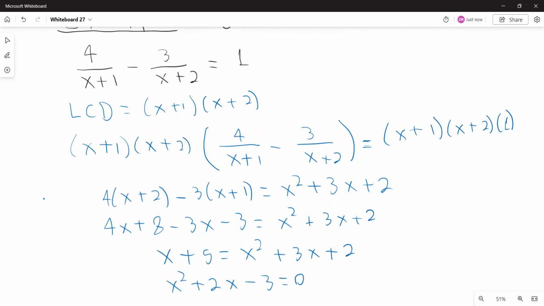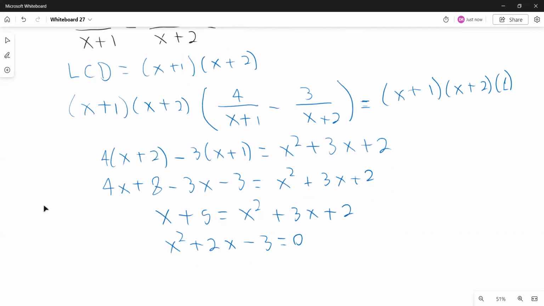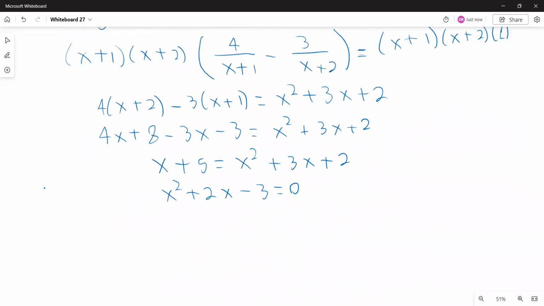So that's the equation in standard form. We're going to solve this by factoring. That will factor as x plus 3, x minus 1. So the possible solutions are -3 and 1.